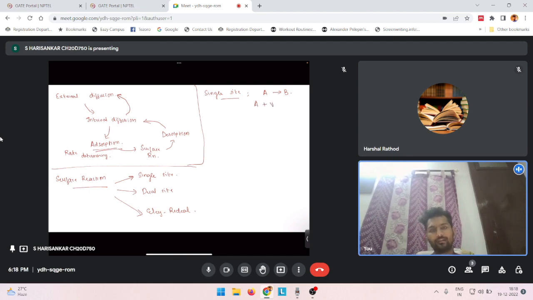Let's represent the vacant site as V, and it will become AV, which is the activated complex. Then this activated complex AV will react to form the product BV. Then this BV will get desorbed to form B plus vacant site V, right? And this is our reaction step.